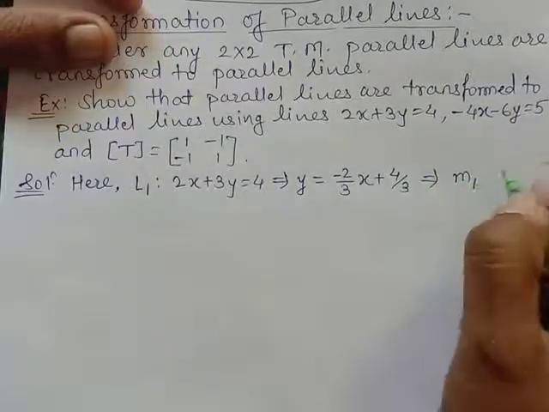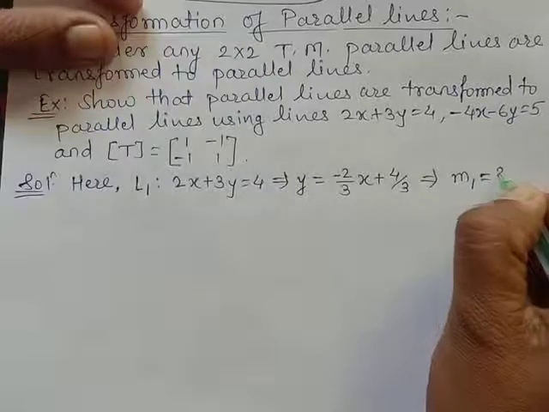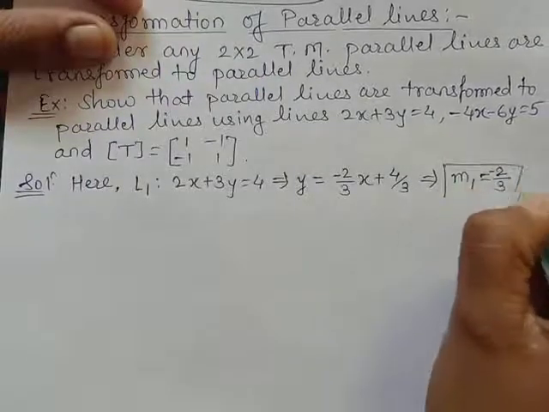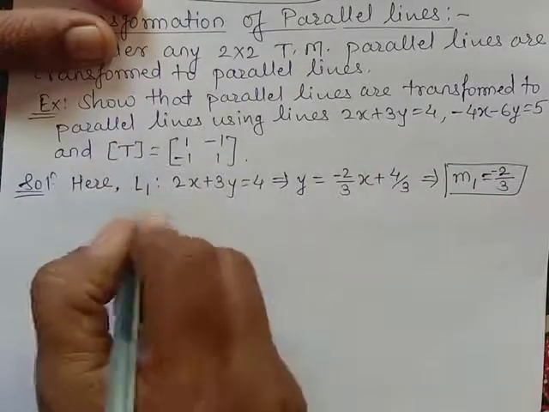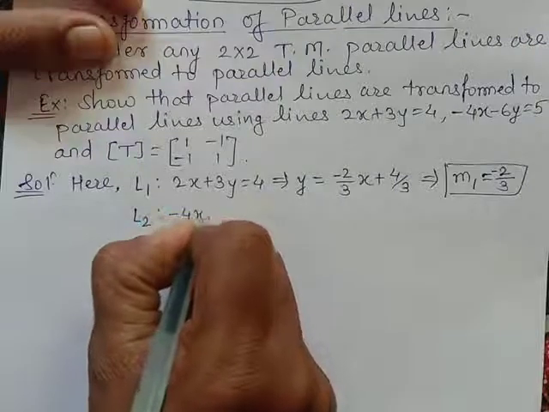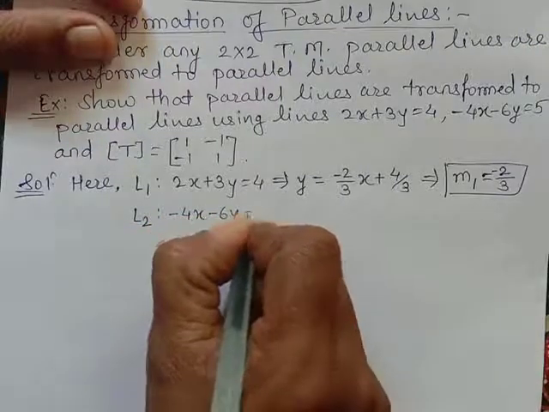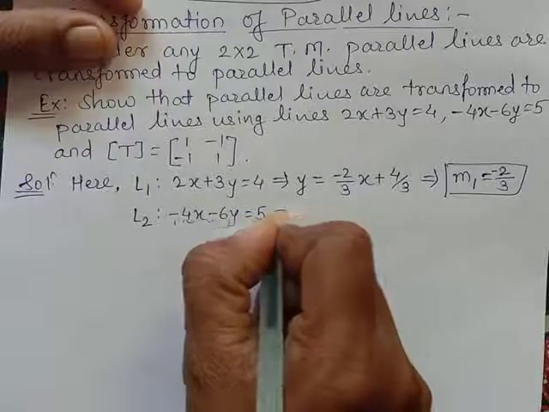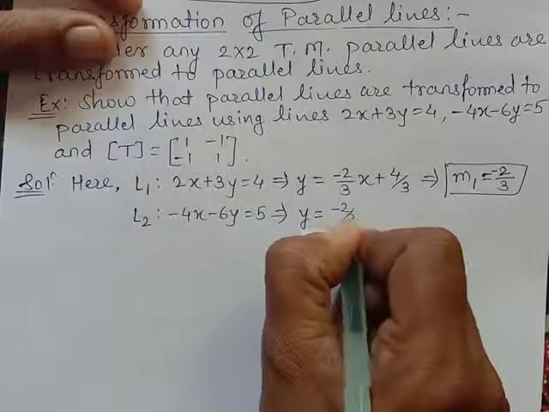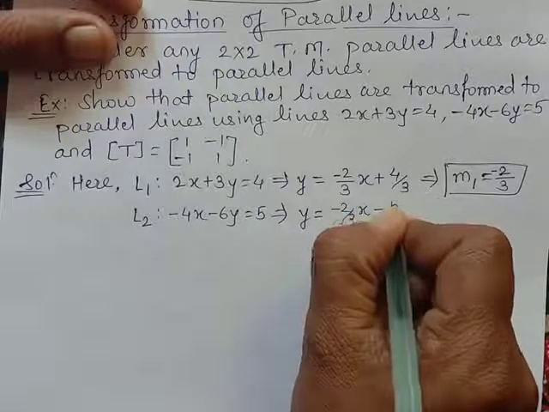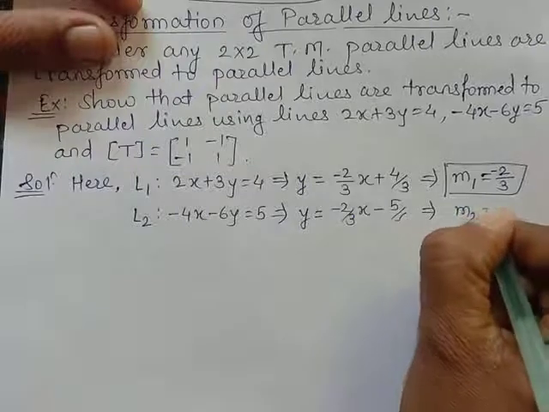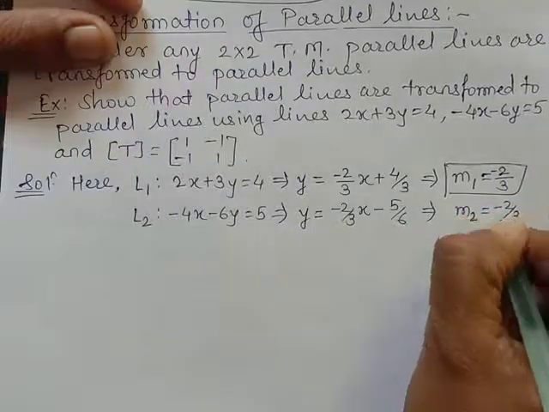Let it be m1. m1 is minus 2 by 3, right? Similarly, L2 is another line, minus 4x minus 6y equal to 5. This also gives y equal to minus 2 by 3 x minus 5 by 6. That is, m2 is equal to minus 2 by 3.